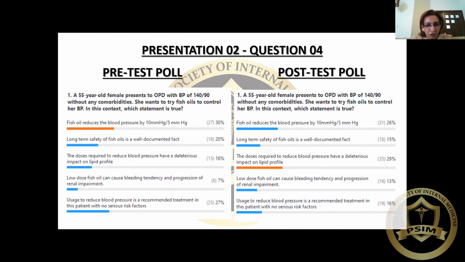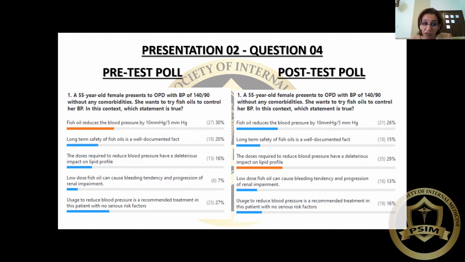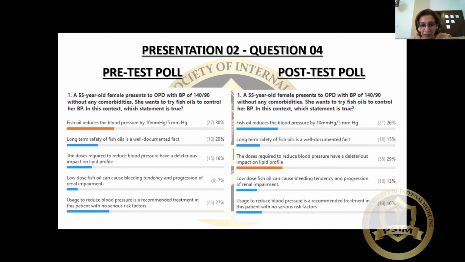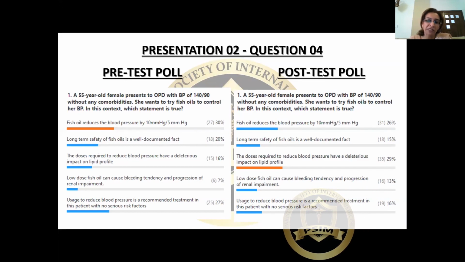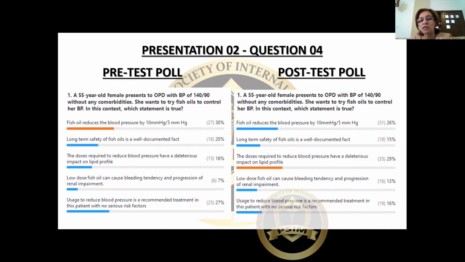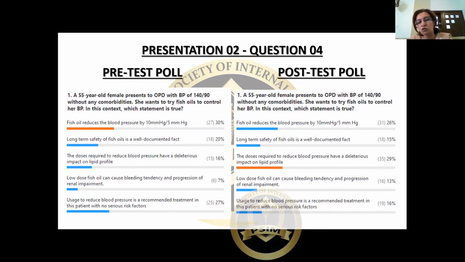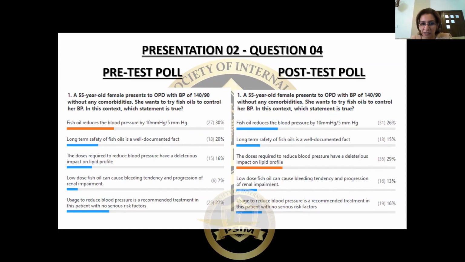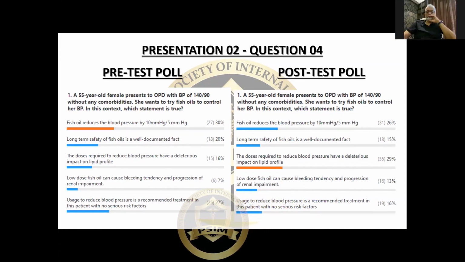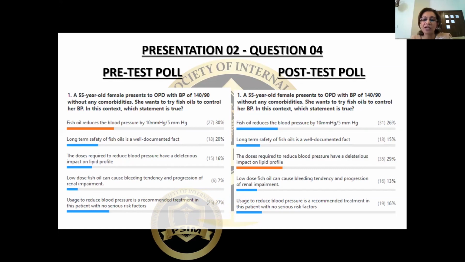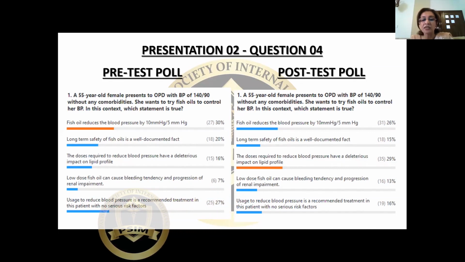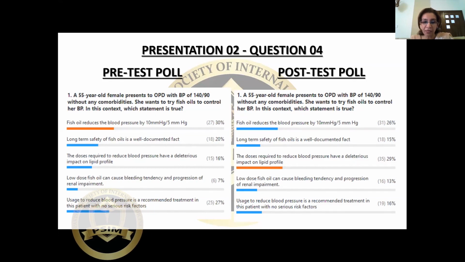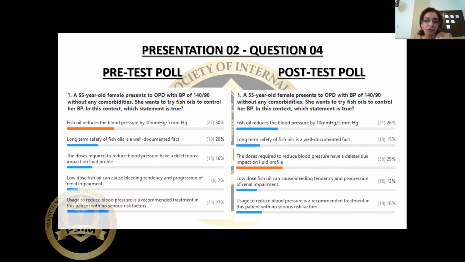A 55-year-old female presents to the OP. So it's about fish oils. For this, let's just take it one by one. Fish oil reduces blood pressure by 10 to 5. It does not. There is a very small reduction of around 2 millimeters of mercury systolic and 1 diastolic. Long-term safety of fish oils is well documented. It is not. Again, this is a wrong answer. The doses required to reduce blood pressure have a deleterious impact on lipid profile.